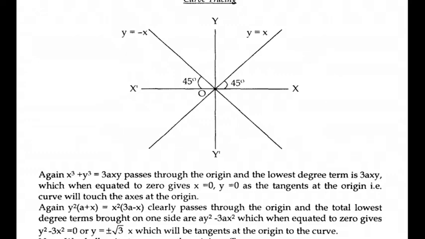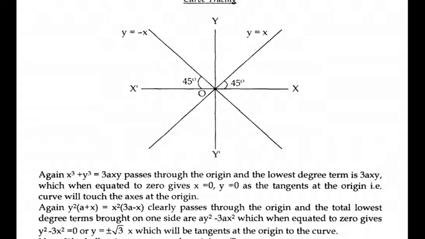So whether it passes through the origin, we have to check this, and to find the tangents, we have already seen that this passes through the origin. Now the lowest degree term, which is the lowest degree term? It cannot be x cube and y cube. The lowest degree term is again 3axy.